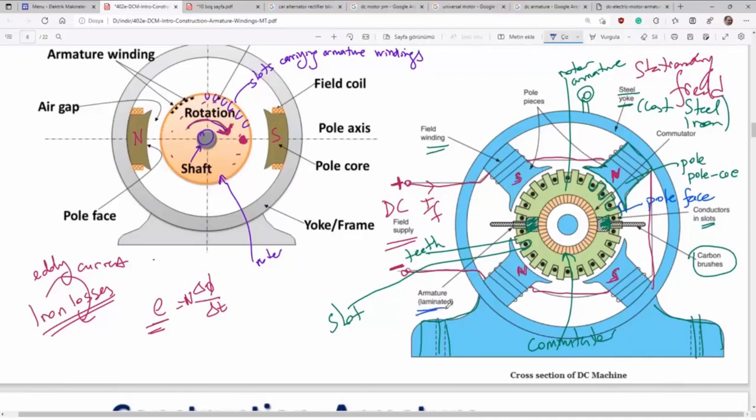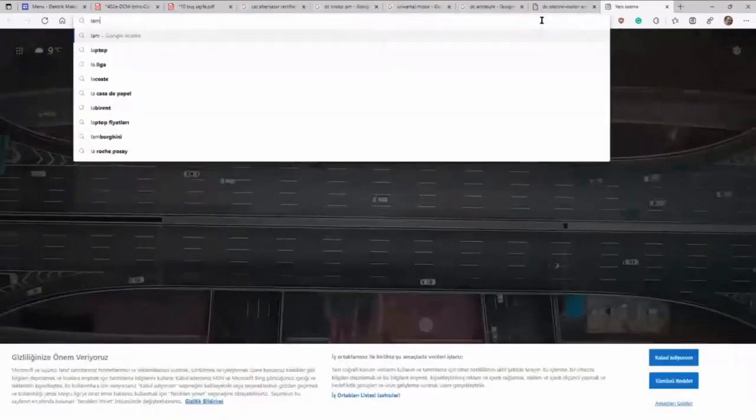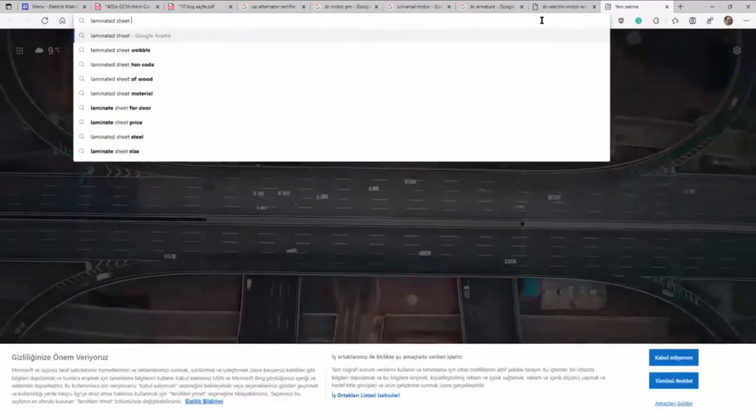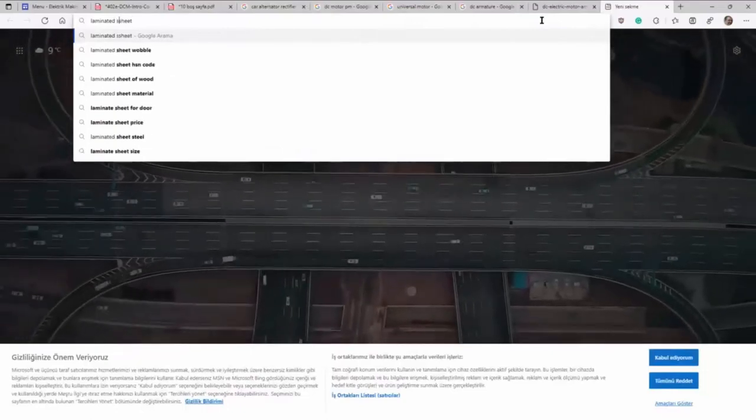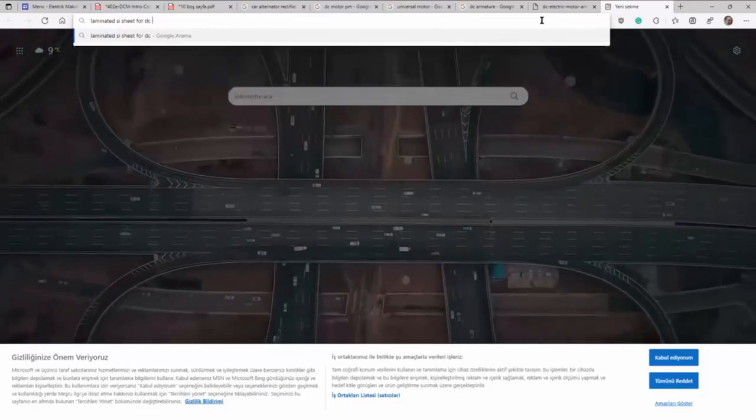Armature, laminated sheet material. Here are the laminations. Laminated silicon sheet for DC armature.